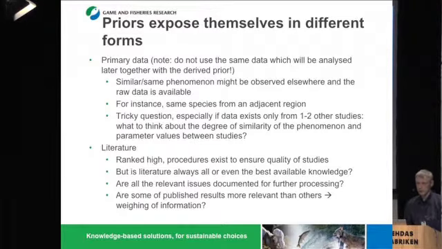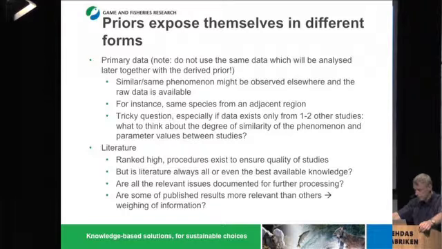Priors expose themselves in various ways. Of course, everybody sitting here knows very well primary data and how important that is, especially in the data analysis aspect. Because they are the original observations of the phenomenon, I think it's fair to say that they could also be preferred in the Bayesian context, because they are the primary observations themselves about the phenomena.